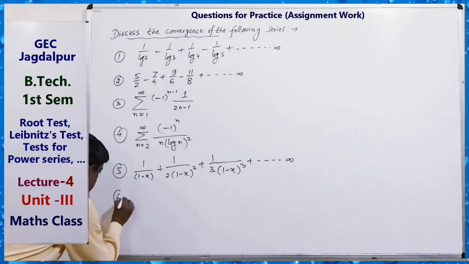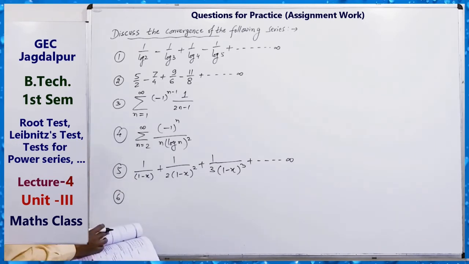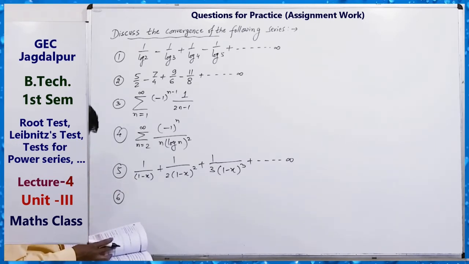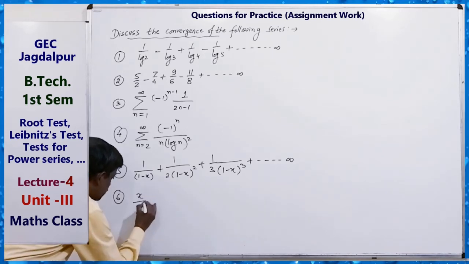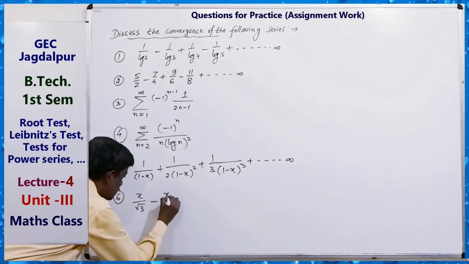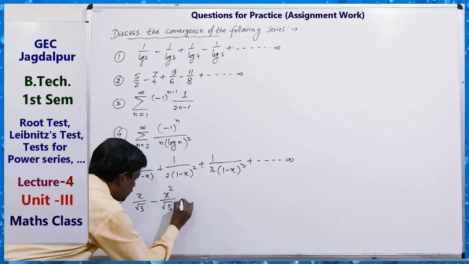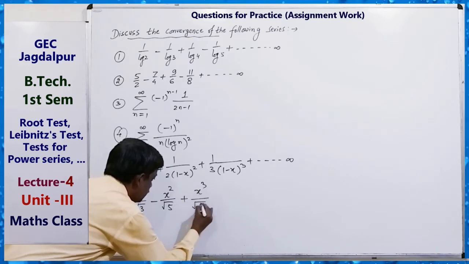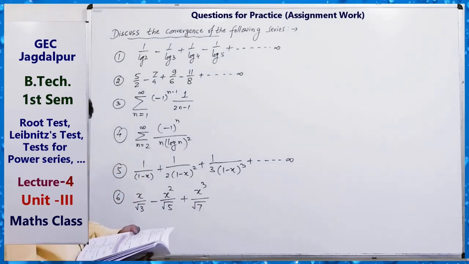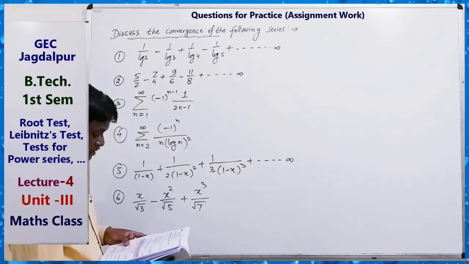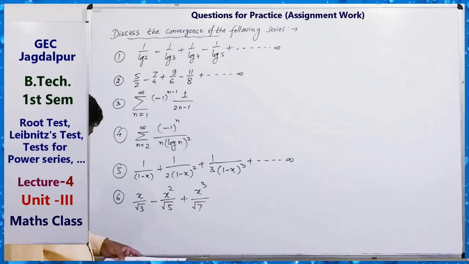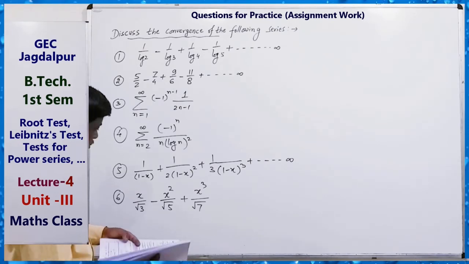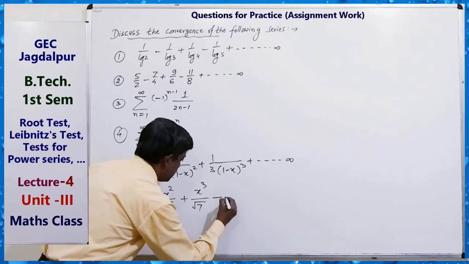Six. x upon root 3, x square upon root 5, x cube upon root 7, and so on. The series is x upon root 3 plus x square upon root 5 plus x cube upon root 7 minus, and so on.